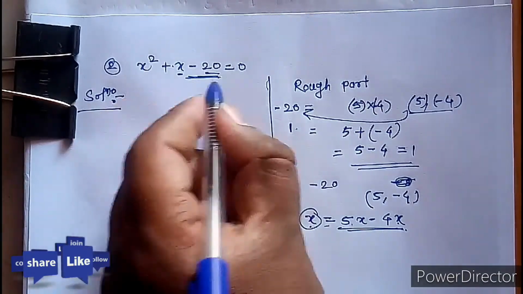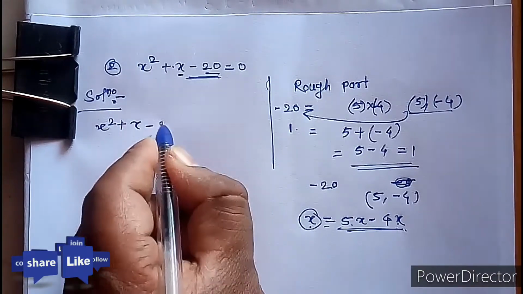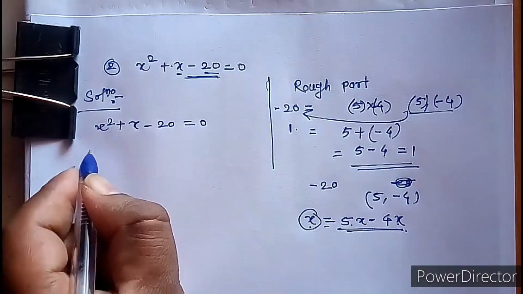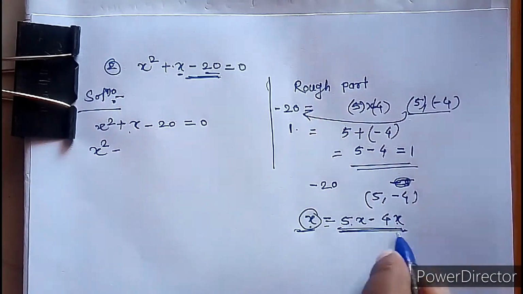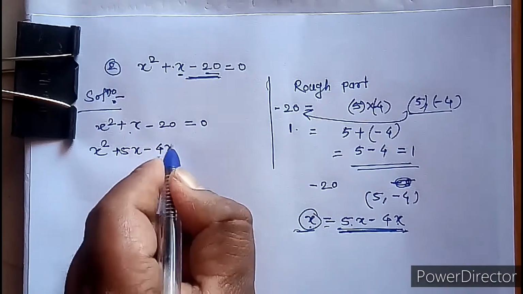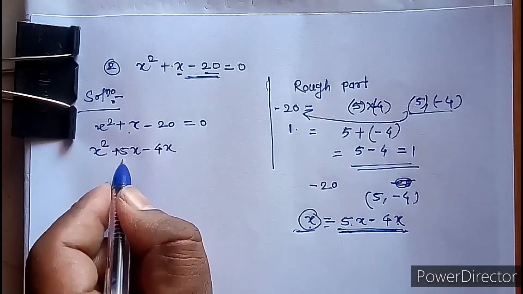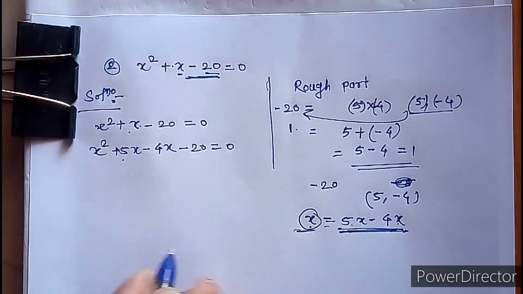Write down the quadratic equation as it is, that is x square plus x minus 20 equals 0. Here x square as it is, plus x can be written as 5x minus 4x, that is plus 5x minus 4x, which gives x, minus 20 as it is, equals 0.